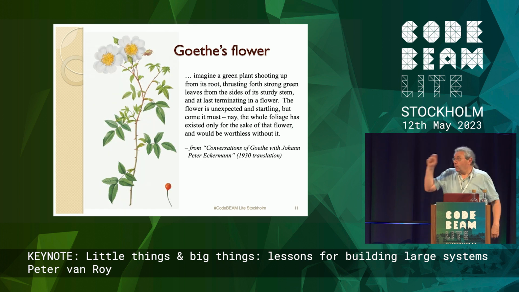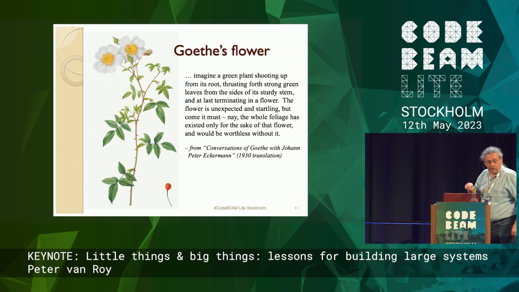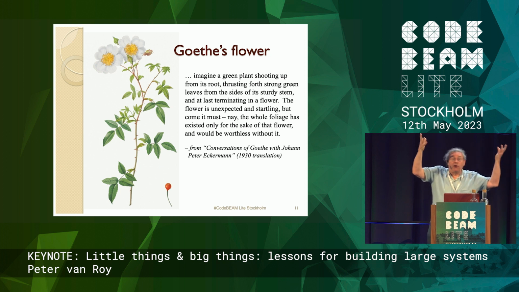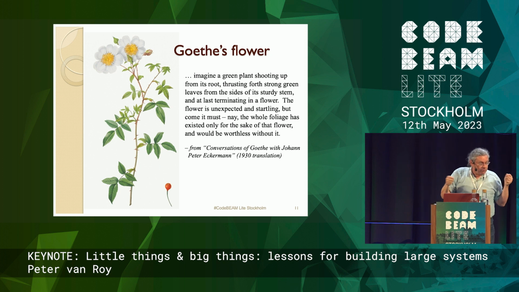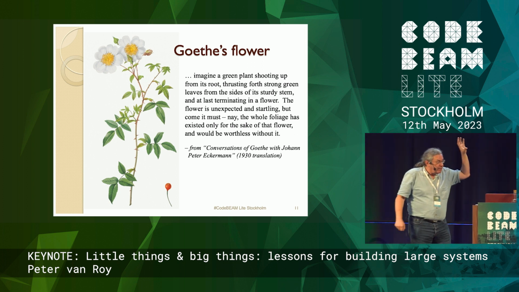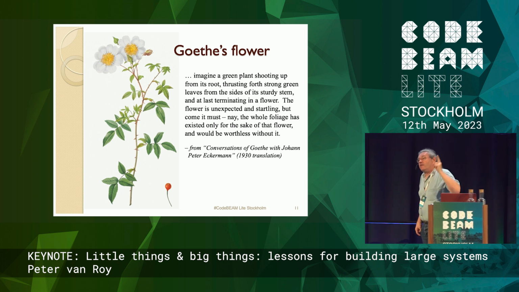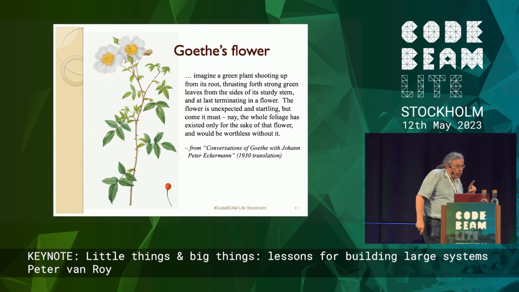This is coming from a book, Conversations of Goethe, with Johann Peter Eckermann. "Imagine a green plant shooting up from its root, thrusting forth strong green leaves from the sides of its sturdy stem and terminating in a flower. The flower is unexpected and startling, but come it must. The whole foliage has existed only for the sake of that flower and would be worthless without it."